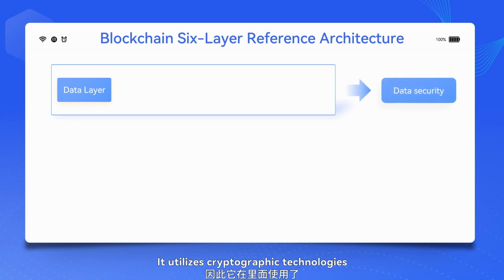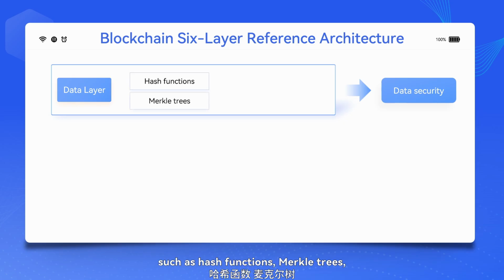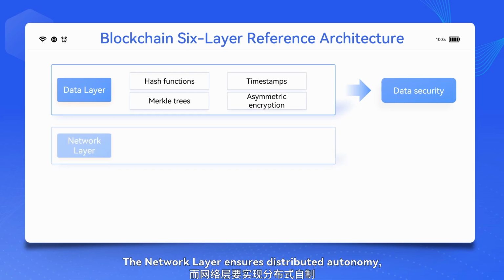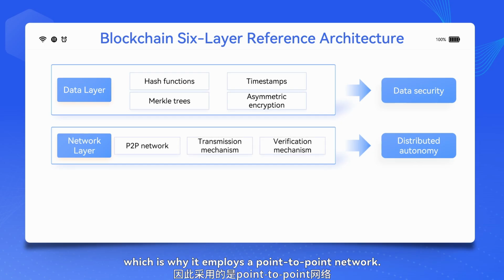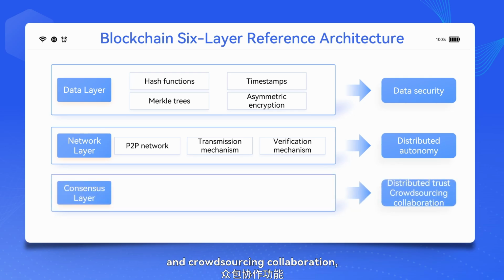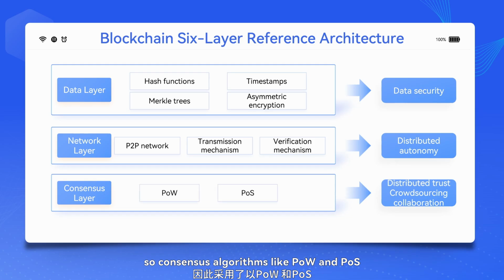It utilizes cryptographic technologies such as hash functions, Merkle trees, timestamps, and asymmetric encryption. The network layer ensures distributed autonomy, which is why it employs a point-to-point network. The consensus layer enables distributed trust and crowdsourcing collaboration, so consensus algorithms like POW and POS are primarily used.